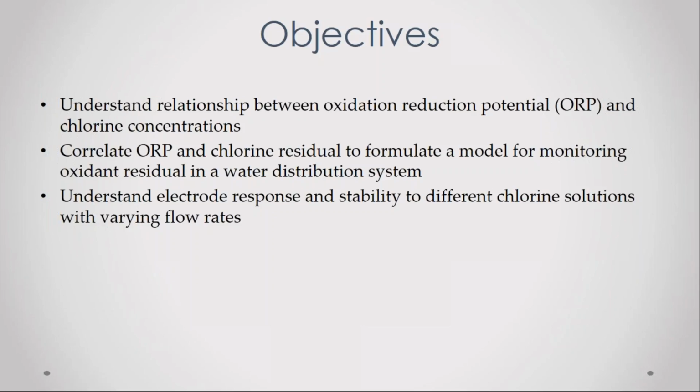We'd like to correlate the ORP and chlorine residual to formulate a model for monitoring oxidant residual in a water distribution system and also in the home as well. And we'd like to understand the electrode response and stability to different chlorine concentrations with varying flow rates.